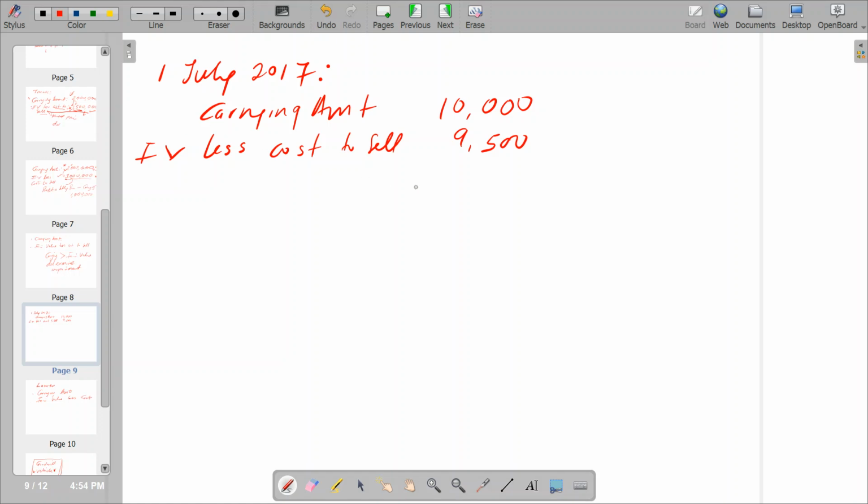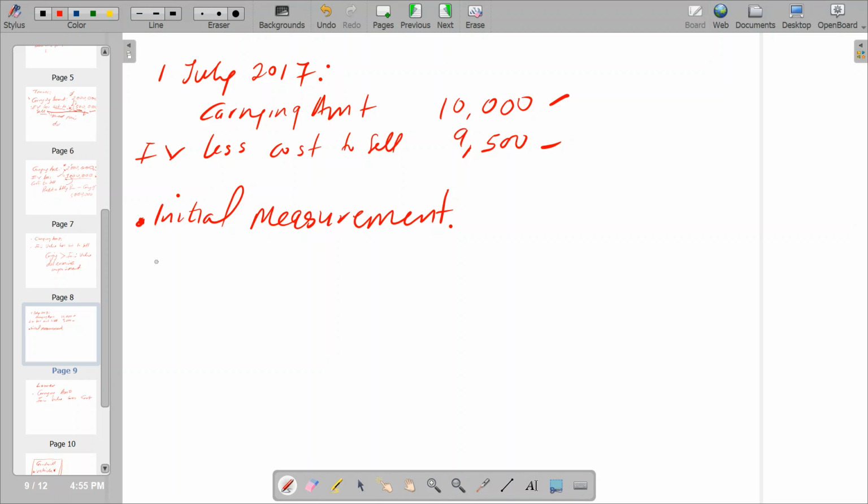Okay, so the first thing we need to do is find the initial measurement, the initial value of the non-current asset held for sale. So which value are we going to use? Are we going to use 10,000 or 9,500? What do you think? 9,500.